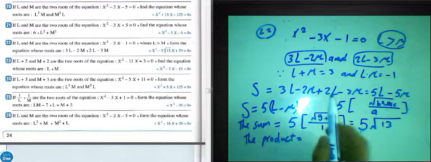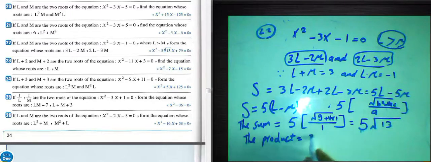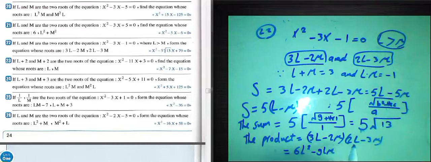And the product equal first and second: 3L minus 2M multiply 2L minus 3M in parentheses. We can find the result. 3L multiply 2L equals 6L power 2, 3L multiply negative 3M, negative 9LM, negative 2M multiply 2L, negative 4LM, negative 2M multiply negative 3M equal positive 6M power 2.